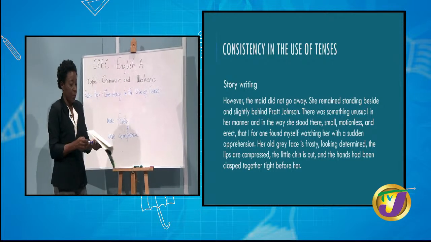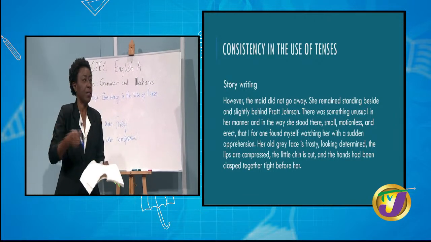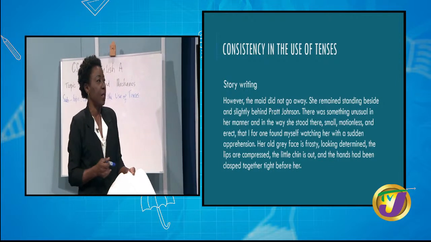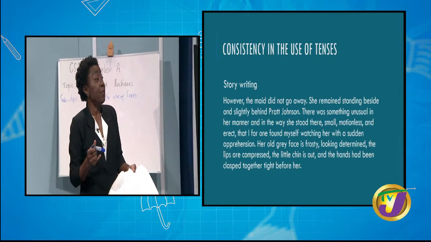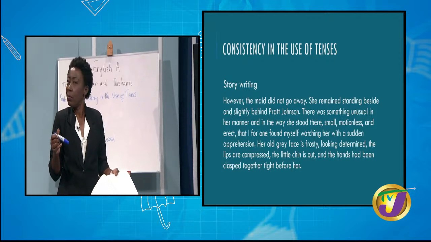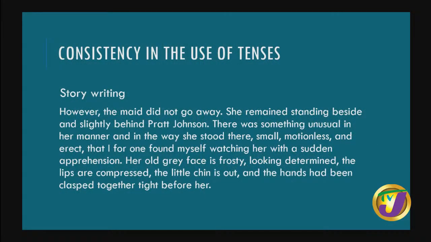Shift. Okay, so we are bringing back the context, reorganizing the context, let it go to the past. So the lips were compressed and the chin is out. Was out. The chin was out. Okay? The chin was out. Was out. Okay then?